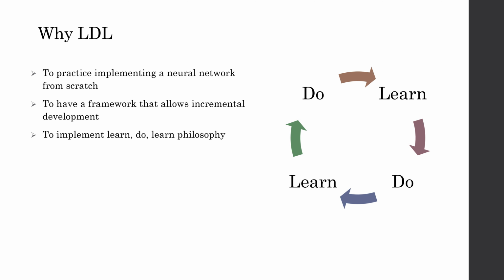It also allows incremental development. Creating a neural network from scratch can be daunting. There's a lot involved, and it's difficult to learn or to tell if you're doing a good job until you're done. You have to have all of the pieces together in order to test whether you've done a good job. With LDL, you don't have to code the whole network from scratch.